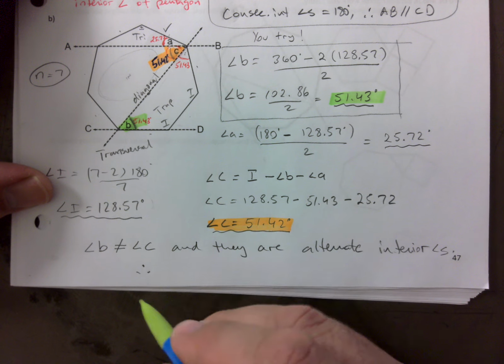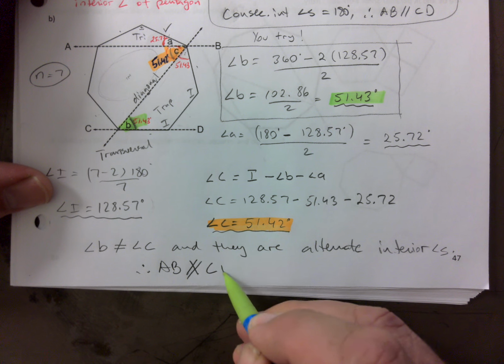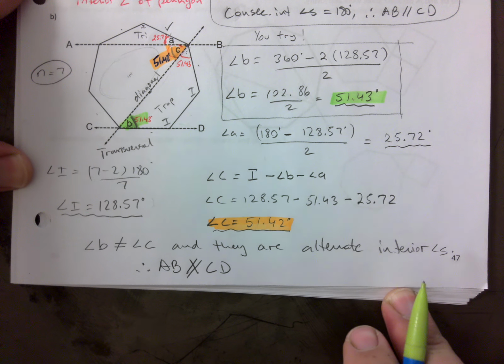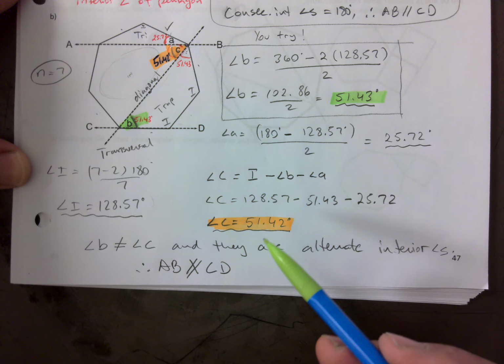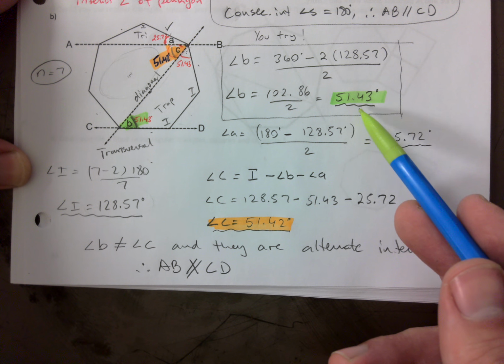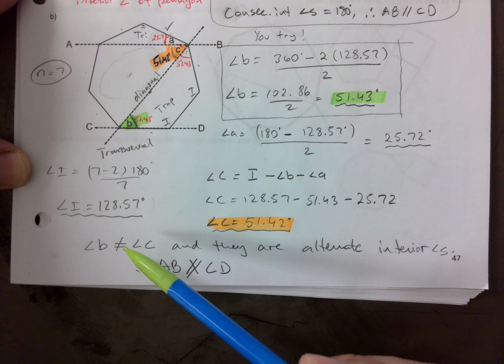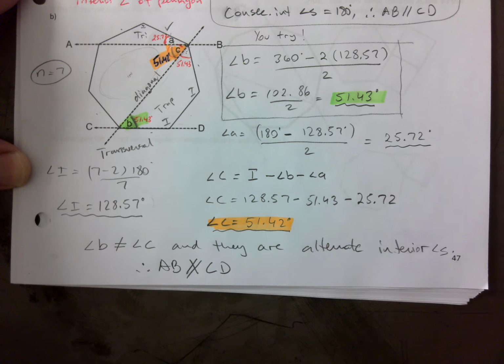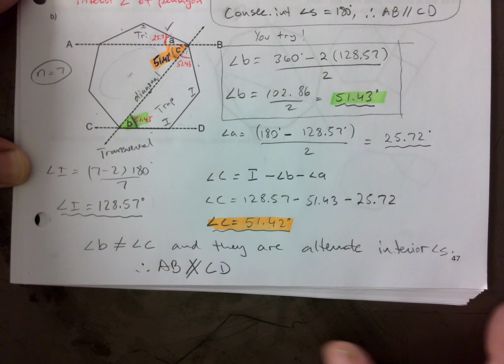Therefore, AB is not parallel to CD. Okay, so these two angles here that we called alternate interior, they're not the same. Right? They're not the same. Therefore, AB is not parallel to CD. I think this is probably one of the few examples that results in lines not being parallel.